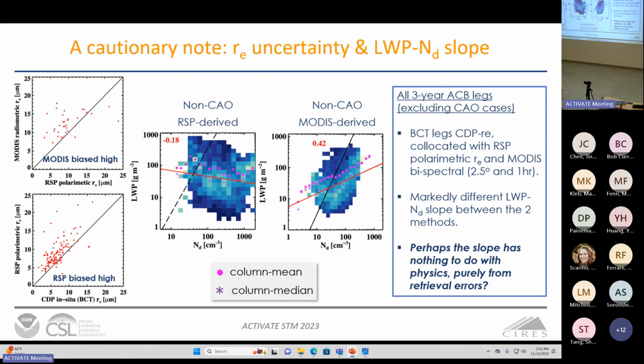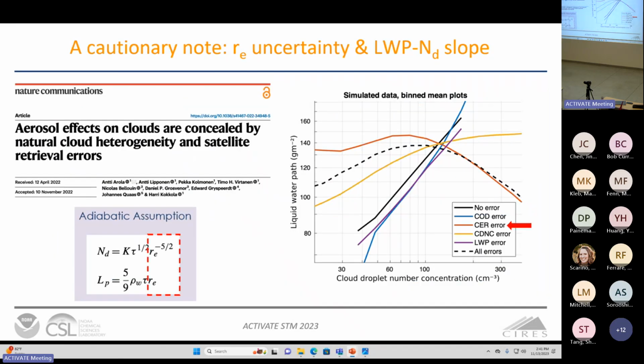So Paquita recently pointed me to this paper where they investigate how retrieval bias in effective radius can possibly give you an inverted V, even though the synthetic data was initialized with a positive correlation between liquid path and ND.